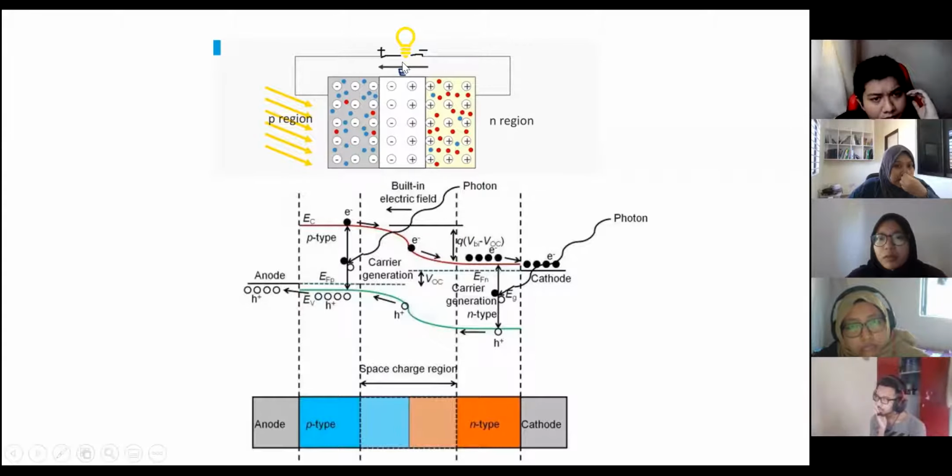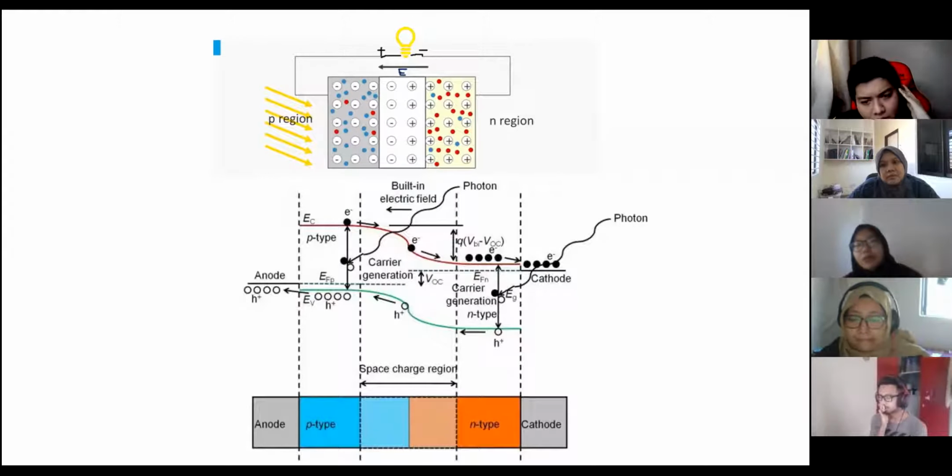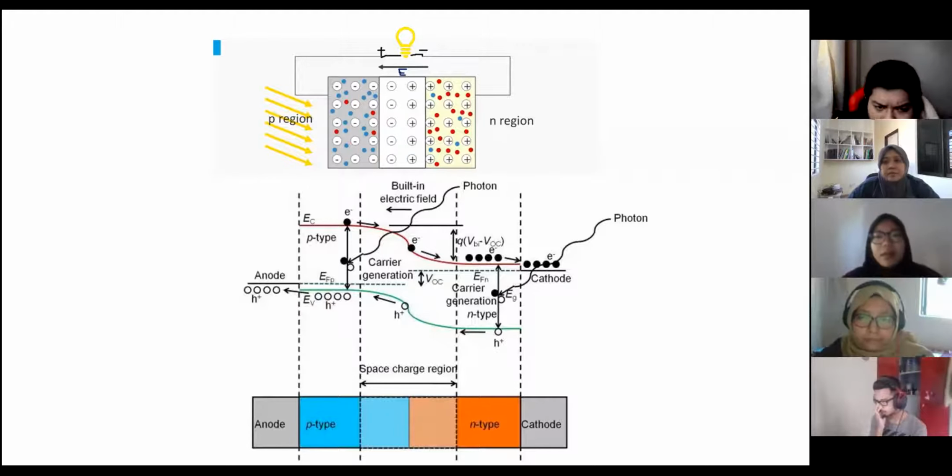The polarity on the bulb is reflected to the cathode and anode in the energy band diagram. What is your confusion? Is this using diffusion current or drift current?